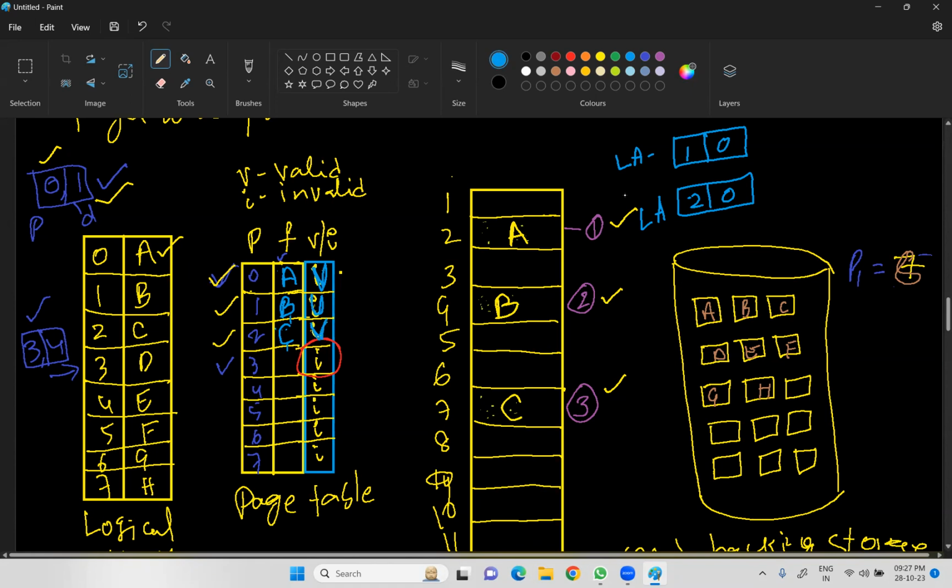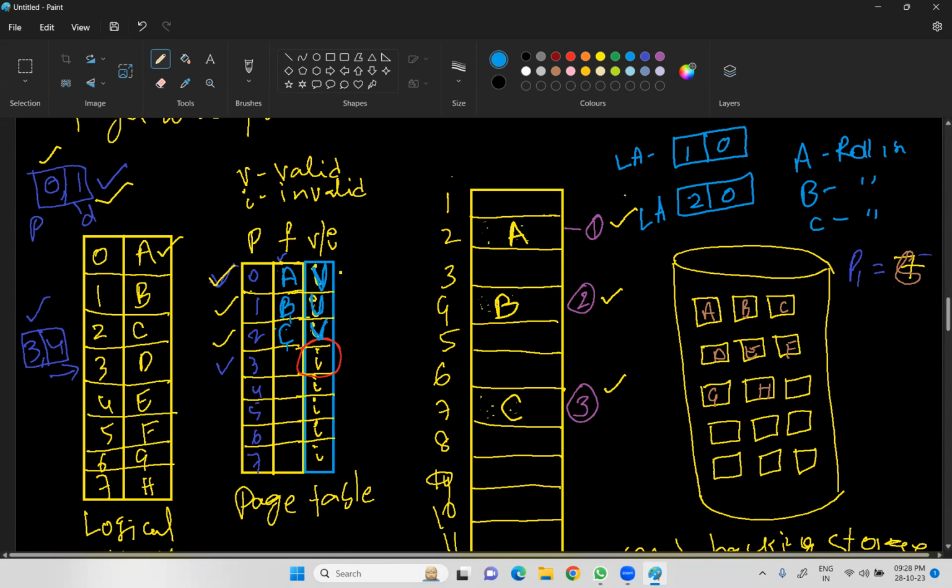As of now, all the frames allocated to you are free, so there is no problem at all. Everything is rolling: page A is swapped in, page B is also swapped in, and page C is also swapped in.